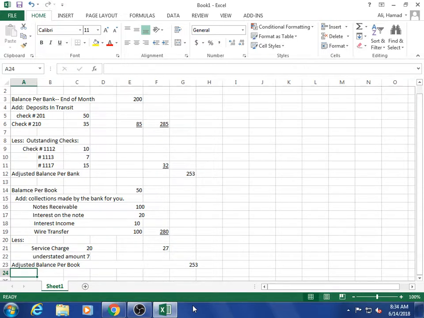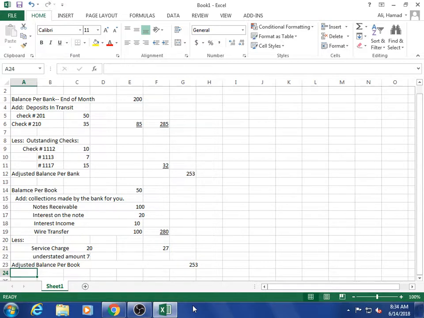Okay, good. So before we practice, let's go back to the petty cash funds. Like we said yesterday, the petty cash fund is usually established for miscellaneous expenses, and that money is set aside.